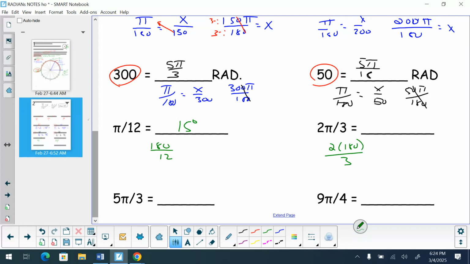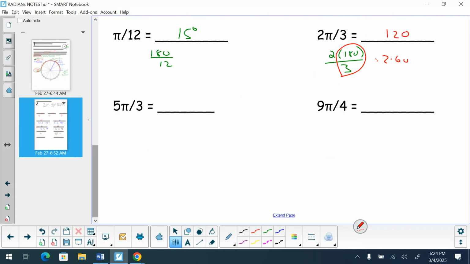You could also use some mental math with this. Take your 180 divided by 3, which will give us 60, and go 2 times 60, 120. Likewise, 5 times 180 divided by 3.